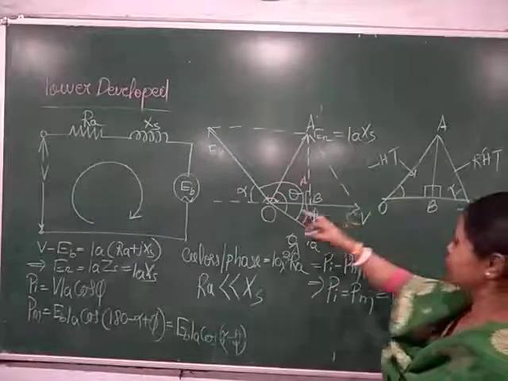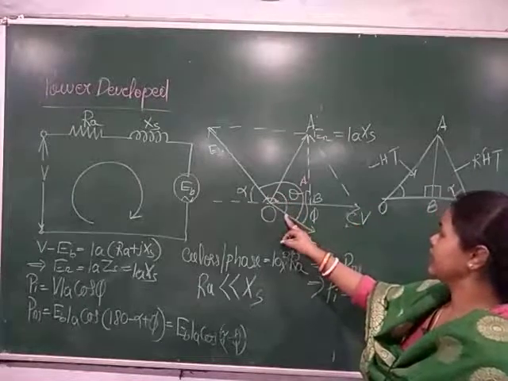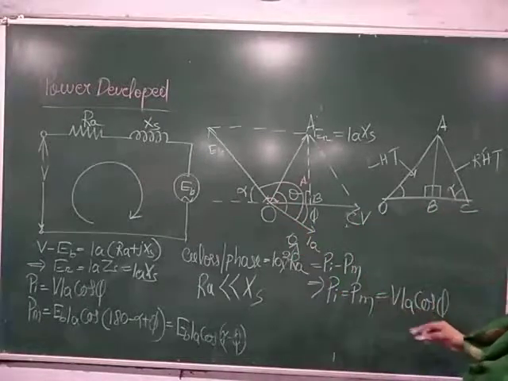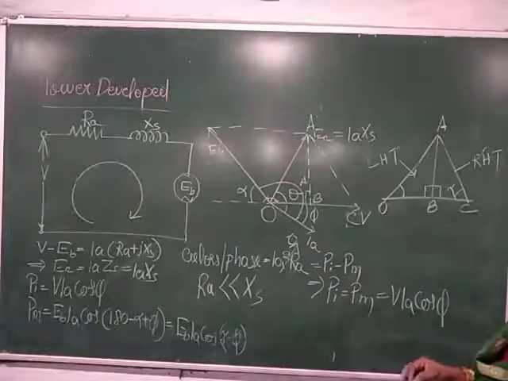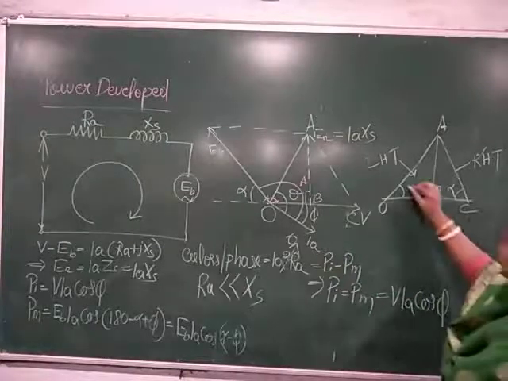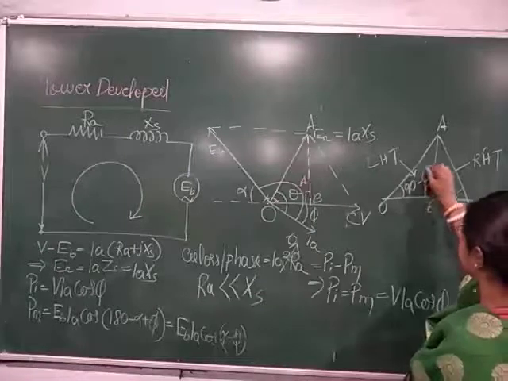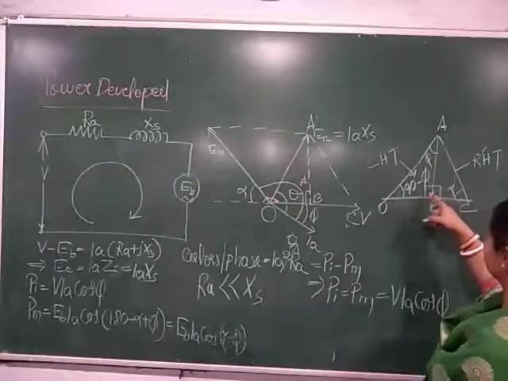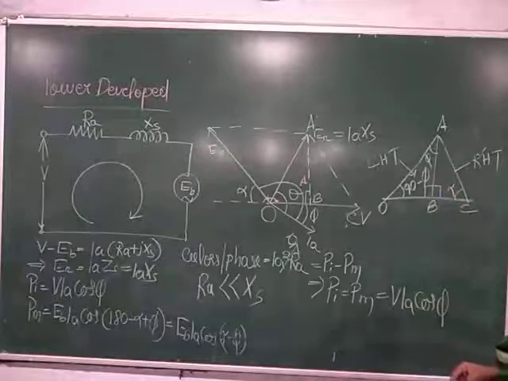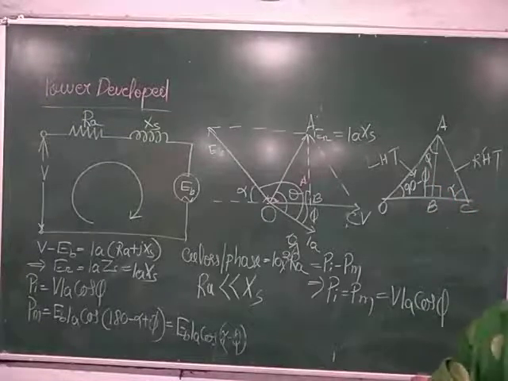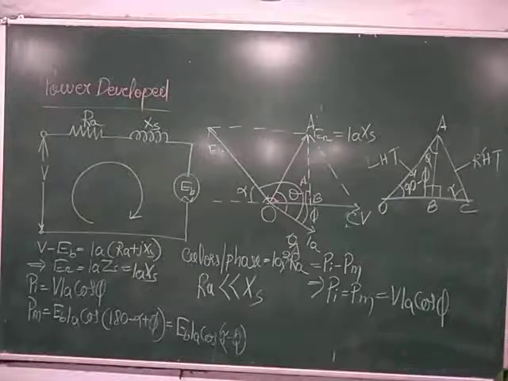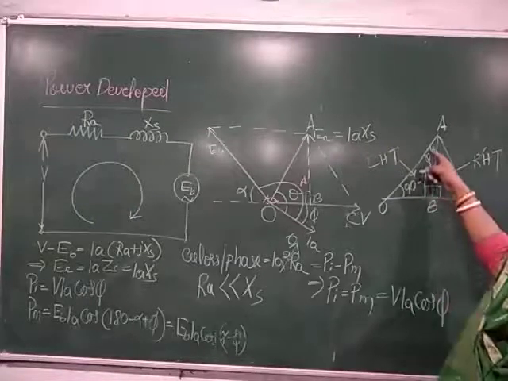This one is the internal power factor angle, which is 90 degrees for Ra value equal to 0. So this one is 90 minus phi. So this angle is phi, because the summation of all the angles of a right angle triangle is 180 degrees. By simplifying that, you get this one is alpha.